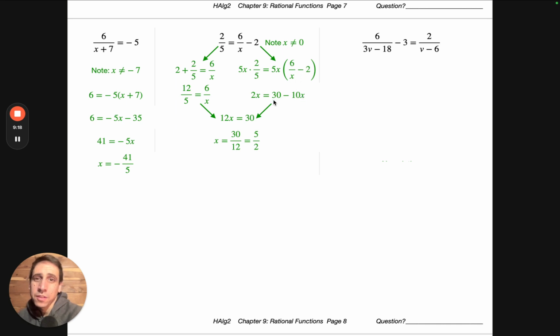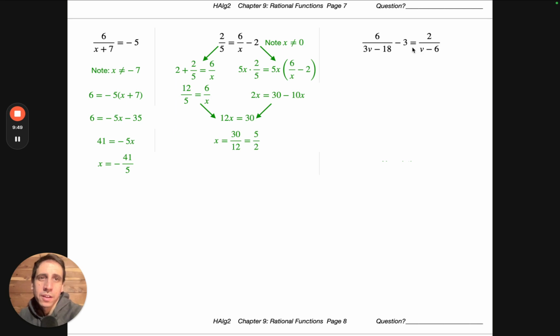Okay, so then we got this equation right here, and when you add 10x to both sides, notice you get 12x equals 30, and it's the same. It still yields the same answer. Note, maybe I should have talked about this at the beginning, but looking at the denominator, we have to make sure that we don't ever say that x should equal 0. It's impossibly one of the solutions, because if you try and sub it into the original, you get a 0 in the denominator.